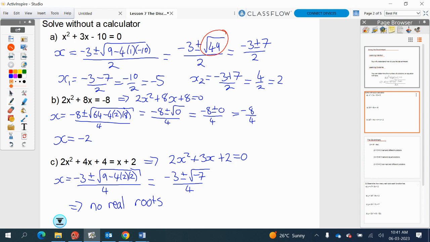In the second equation, we're square rooting 0. So b squared is equal to 4ac, and those two cancel out inside the bracket. Here we have 64, here we have 64, so we have 64 minus 64, giving us 0, leaving us with just one solution in this case. So here we have one solution. Here we have two solutions.